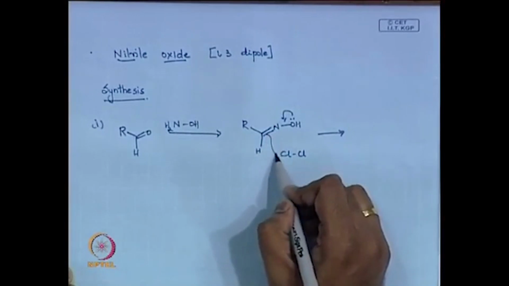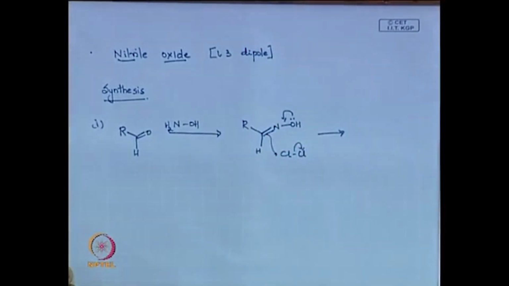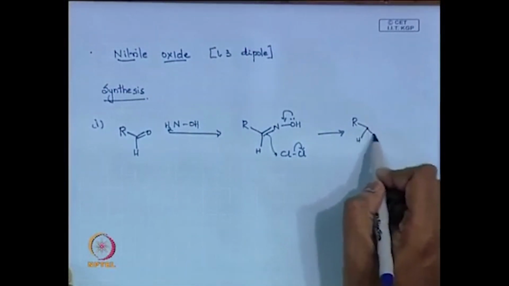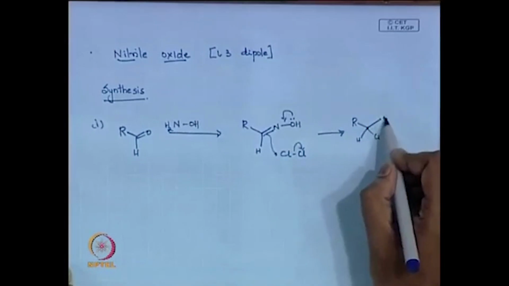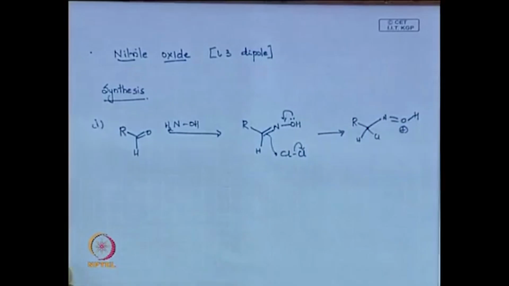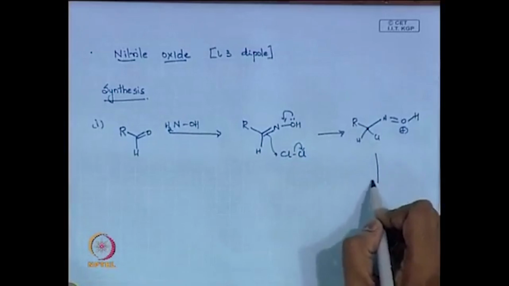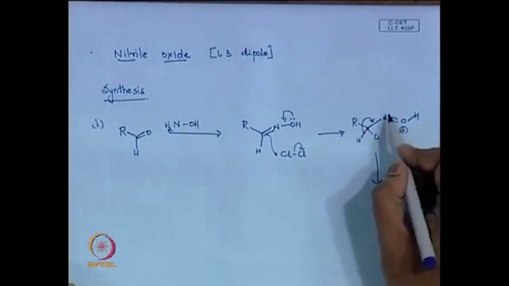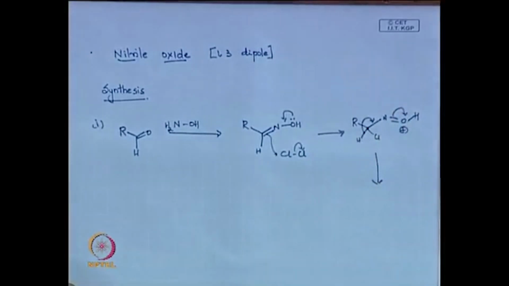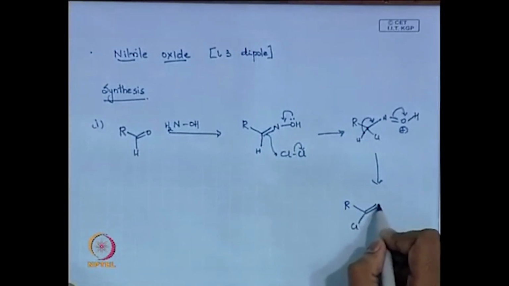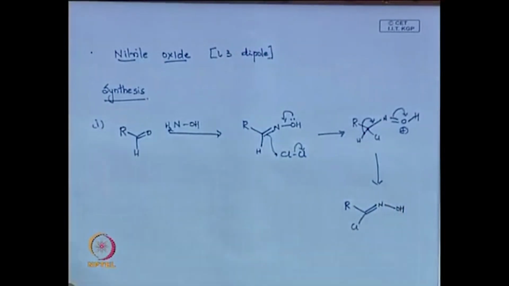So, you can take your chlorine in here, ending up with R H Cl, to give you R Cl double bond N OH.